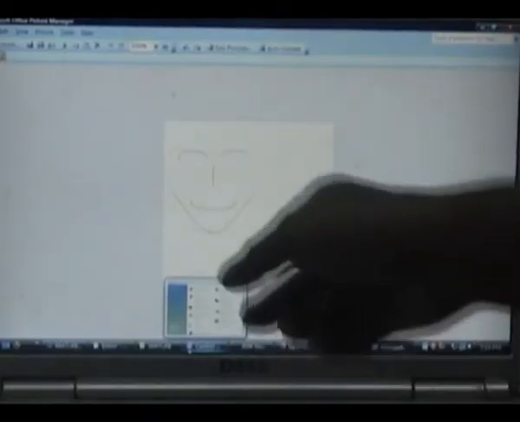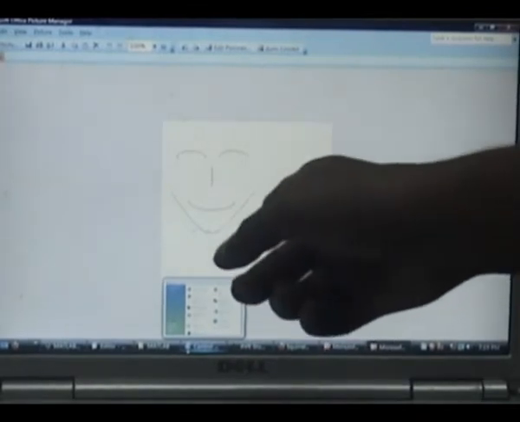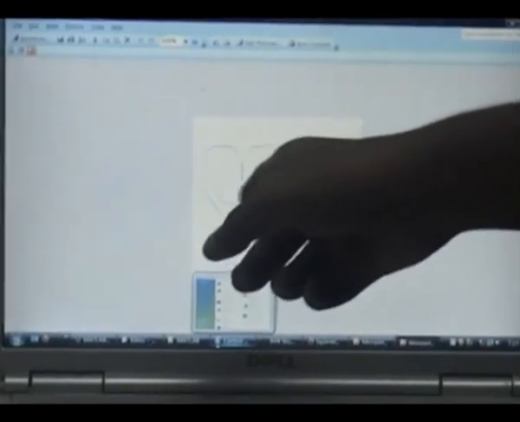We now intend to draw a more complex picture which involves more than 4 curves.